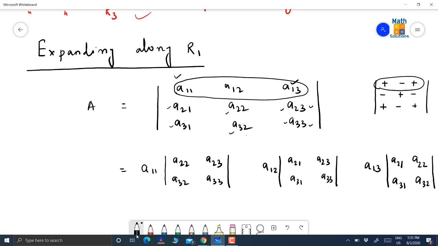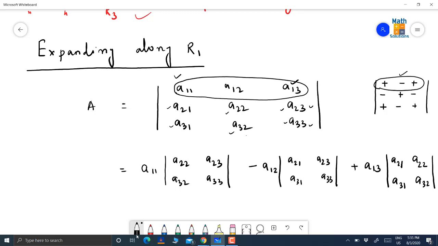For the second element, when I put A12, there should be a minus sign according to this sign convention. And then the third term, A13, should be positive because it is plus here. Then if I am proceeding with expansion along R2, row 2, in that case the first element should become negative, the second element should be positive, and the third element is negative again.